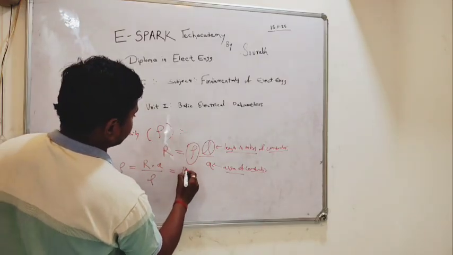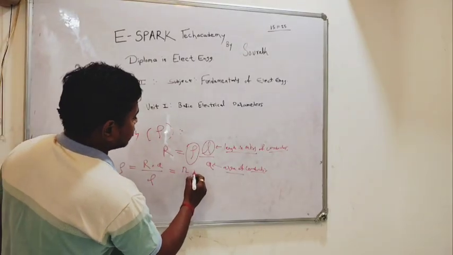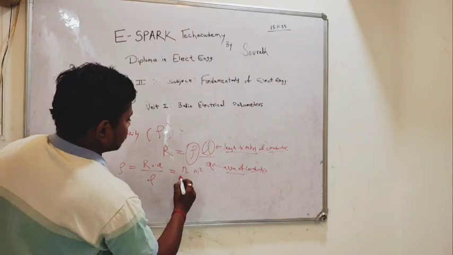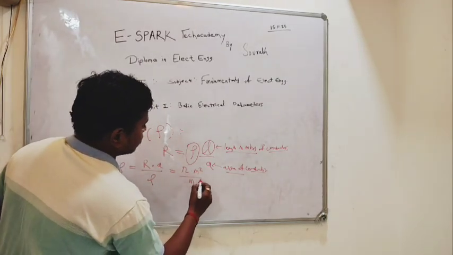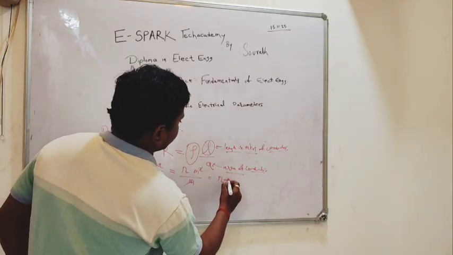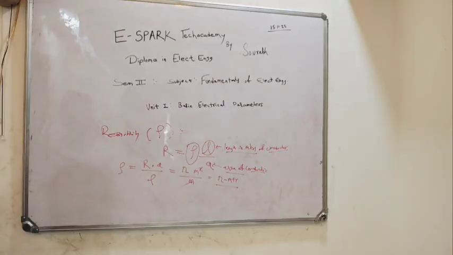The unit of R is ohm, as we have just studied. Now area will be in meter square divided by length in meters. This will get cancelled and ohm meter will be the unit of resistivity.